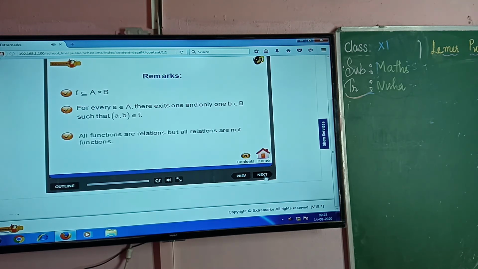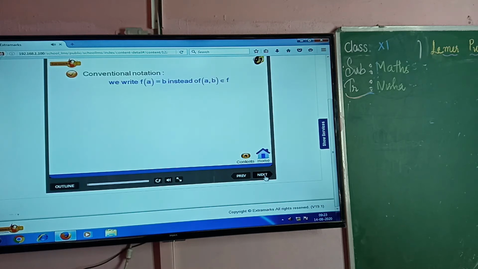All functions are relations, but all relations are not functions. Conventional notation of a function is shown here.